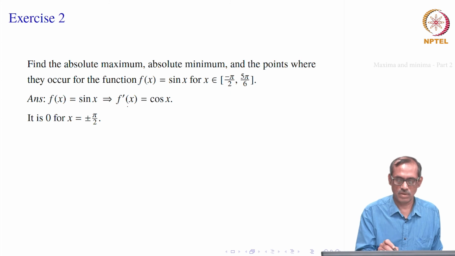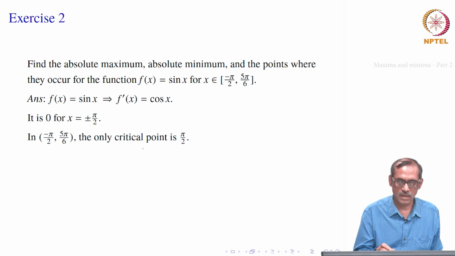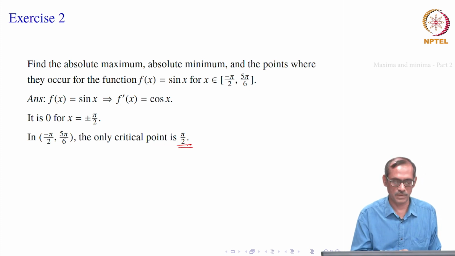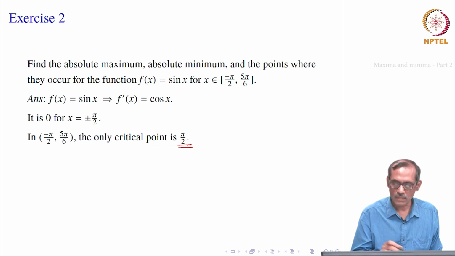So, f prime x equal to cos x is equal to 0 where x is an odd multiple of pi by 2. So, at minus pi by 2 and also pi by 2, right, but minus pi by 2 is an end point. So, the interior point is pi by 2. So, the only critical point is x equal to pi by 2. Then we have two more points, the end points.